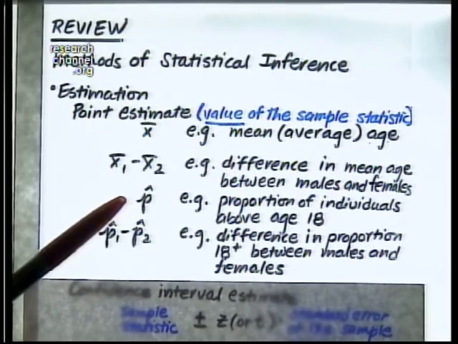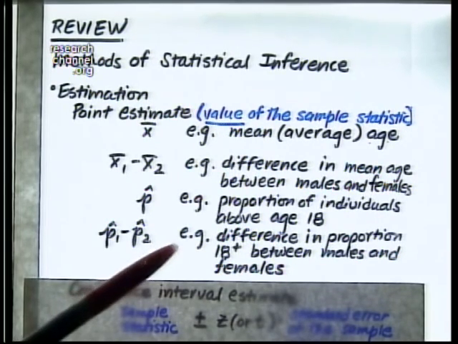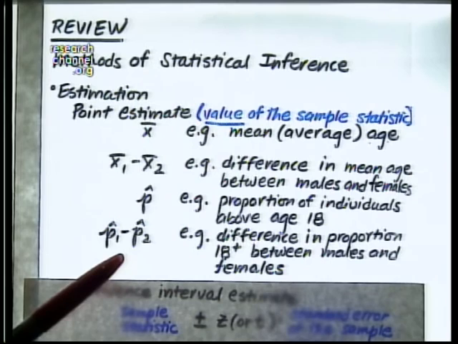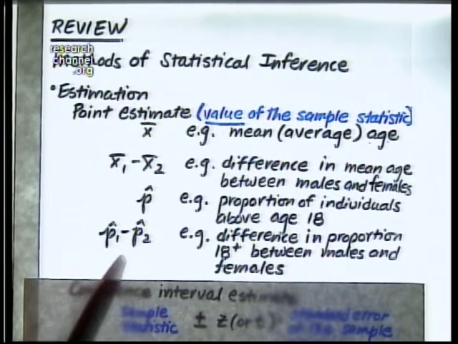So our sample statistic of interest would be the sample proportion p hat. And again, if we had two groups, such as males and females, I may be interested in the difference in the proportions of individuals who are above age 18 between males and females. Then the sample statistic of interest is this difference in sample proportions.